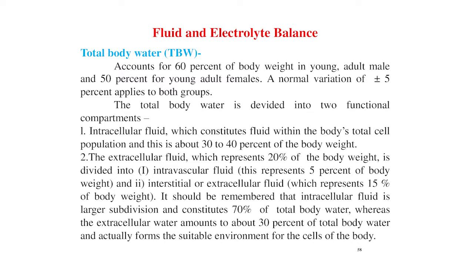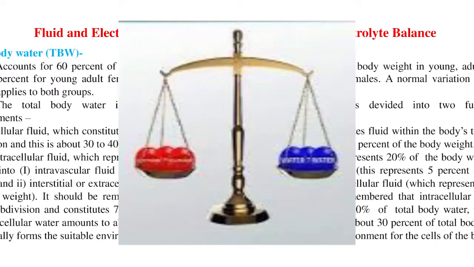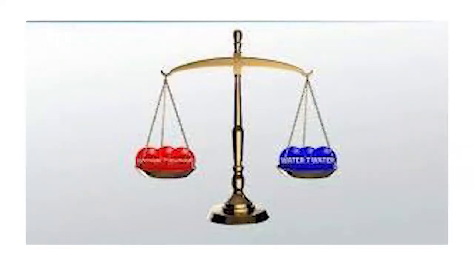It should be remembered that intracellular fluid is the larger subdivision and constitutes 70% of the total body water, whereas the extracellular water amounts to about 30% of total body water and actually forms the suitable environment for the cells of the body. Now here is a good image showing the balance of electrolytes and water that should be maintained.